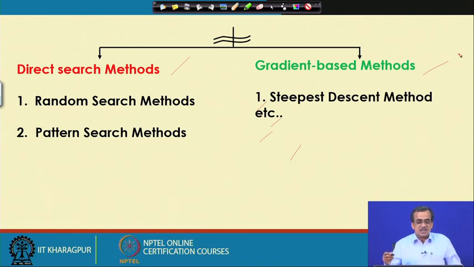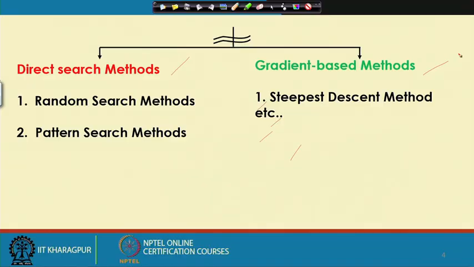In direct search method, we use the value of the objective function to help that particular optimization tool, whereas in case of gradient based method, we take the help of gradient direction to find out the search direction of this particular optimization tool.